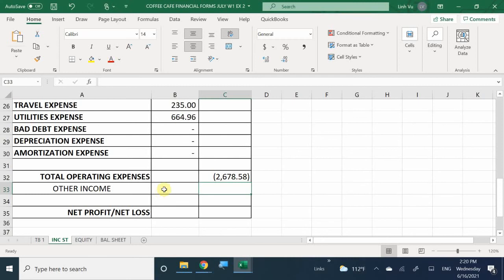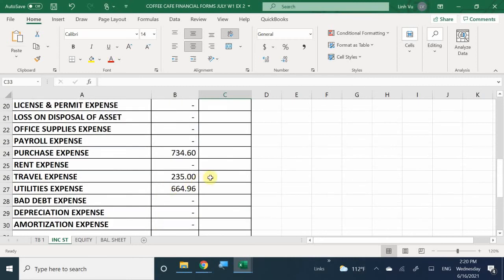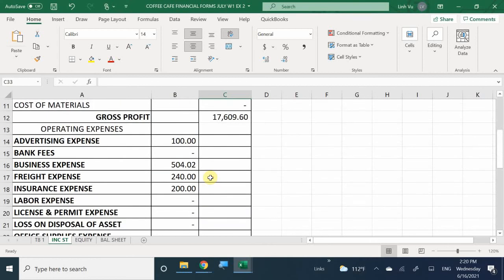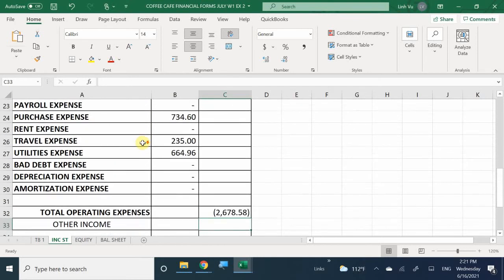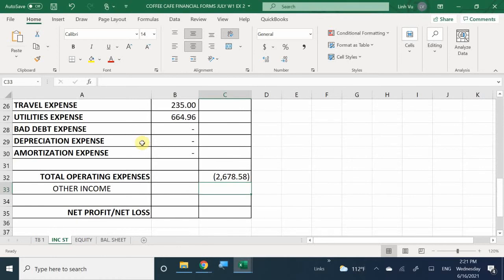Can you scroll up a little bit? A little bit more. I found it. I didn't have advertising. So that's our total operations right there.